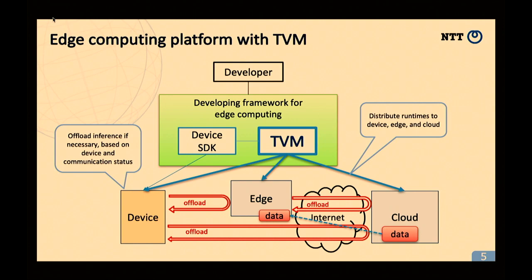This is the idea of an edge computing platform with TVM. We think of using TVM with an edge device SDK and generating the inference runtime with TVM. TVM generates not only the device runtime, but also edge and cloud runtimes. Each device does inference dynamically based on device and network status.